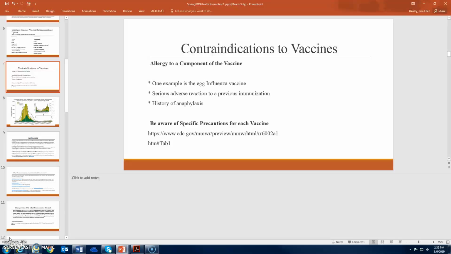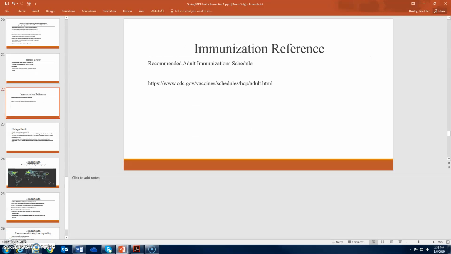But are you aware that our government has an organization or a section or sector that is available when people are injured by vaccines? And I'll give you that information in a news tool. I use CDC for both my immunization reference and for my travel health.